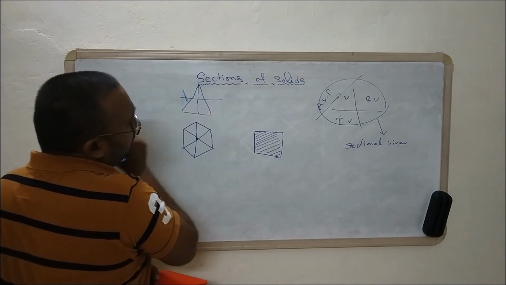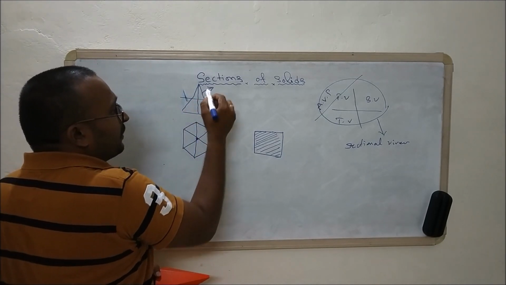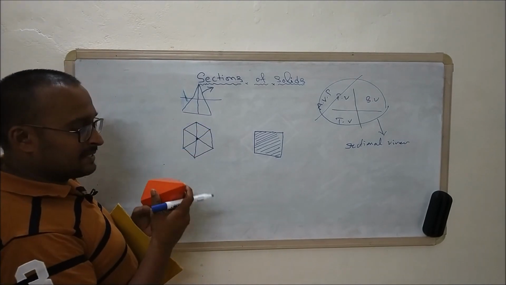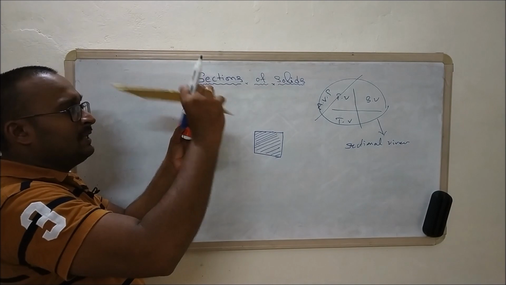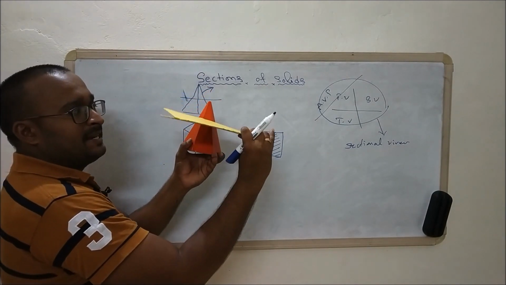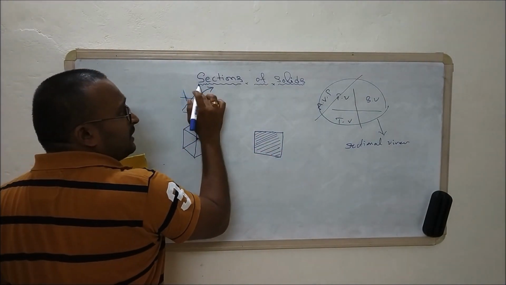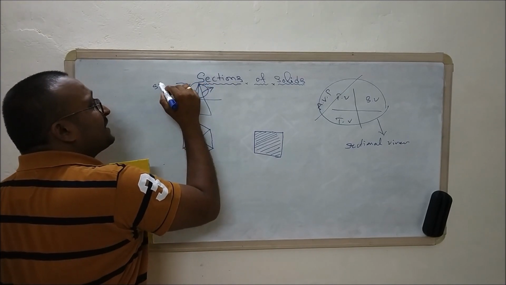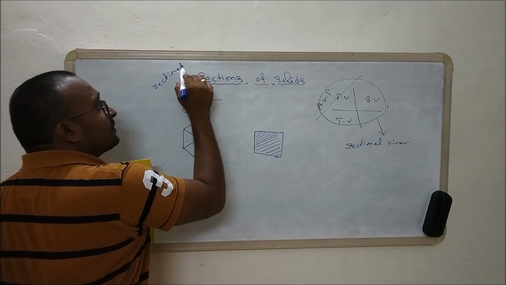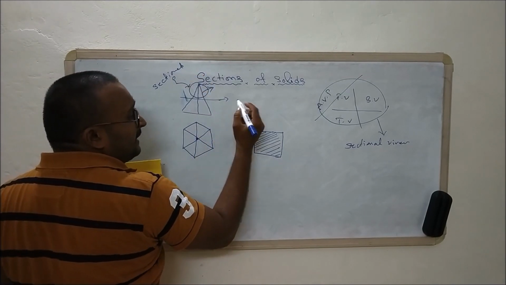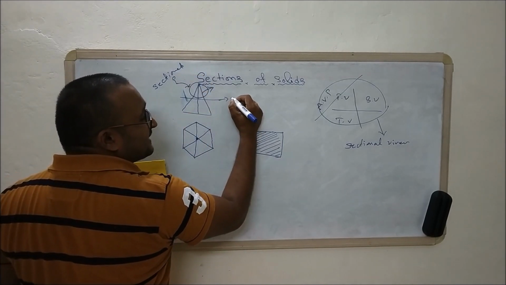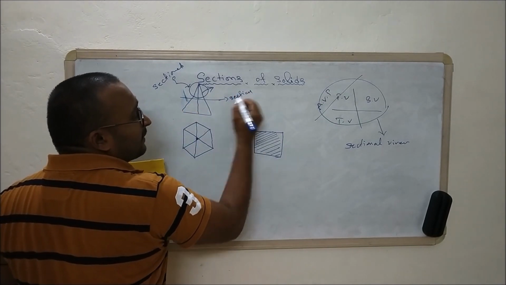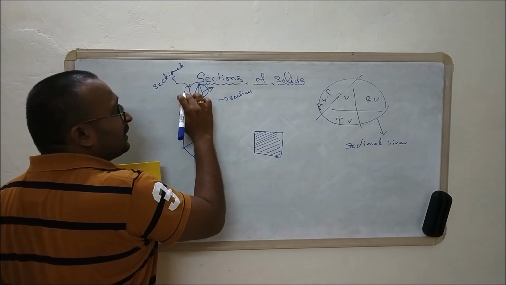If you cut that pyramid and remove the portion to see the internal structure, this is the top view. To see the internal structure, we cut by an imaginary plane. Then this portion will be removed. This portion is known as the sectioned portion, and this line is known as the section plane. That is perpendicular to the VP.